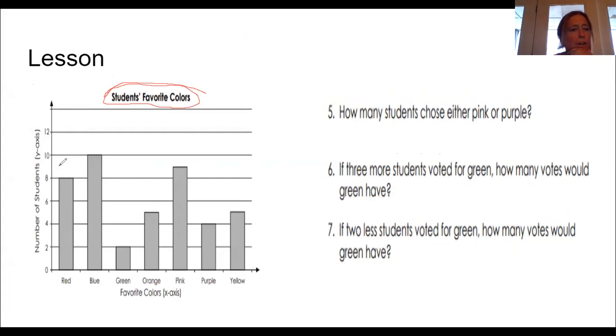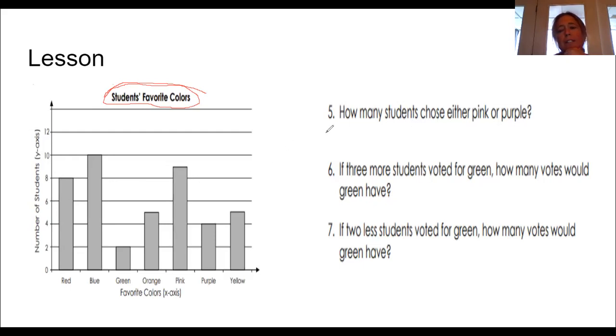And here we have the bars that go up to the different numbers. As you notice, it does not count by ones, it counts by twos. That means in between the two numbers is the number that they've skipped. So 1, 2, 3 would be in the middle, 4, 5 would be in the middle, 6, okay?